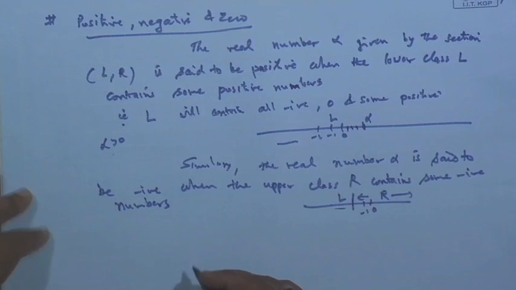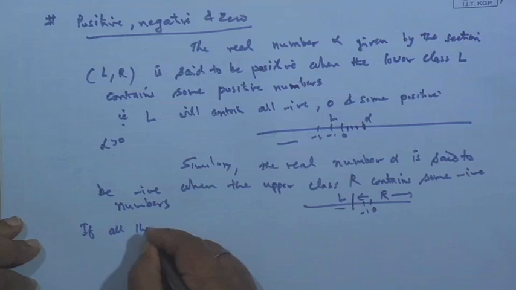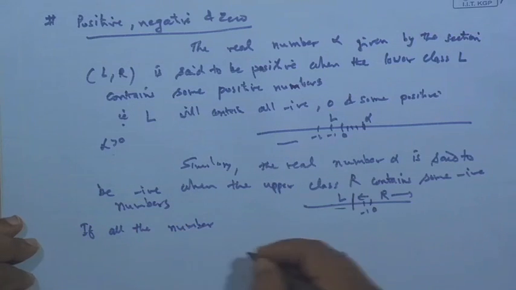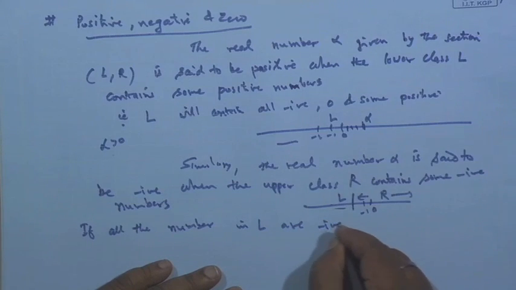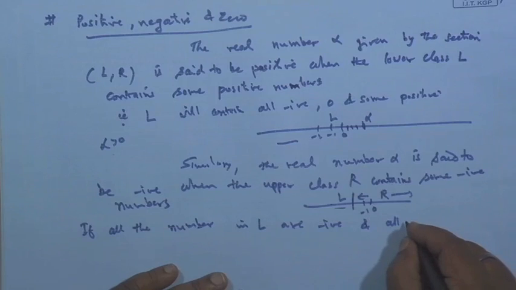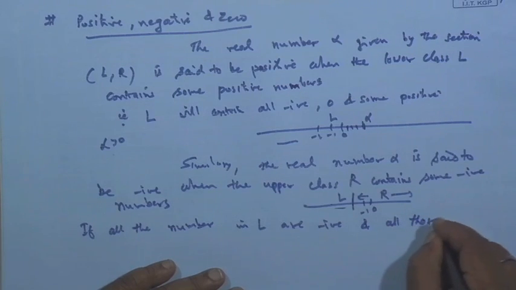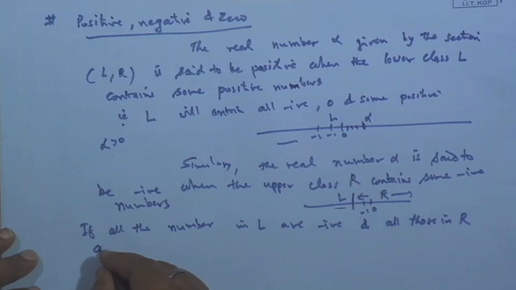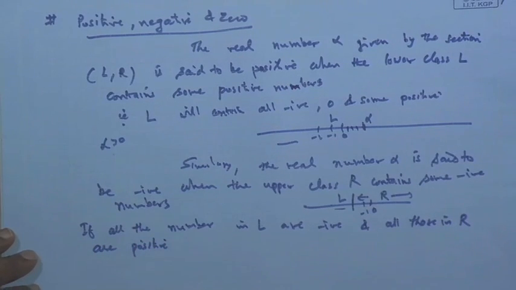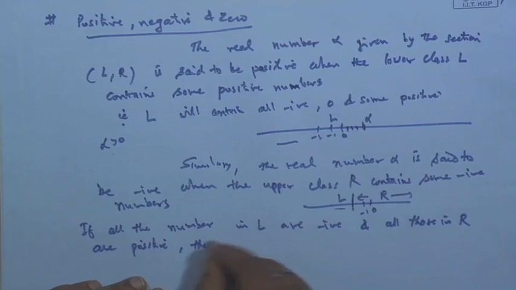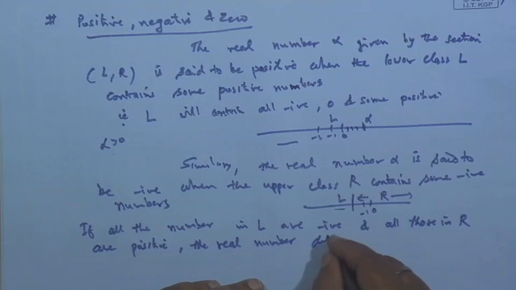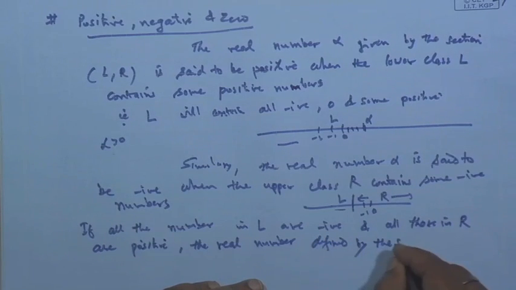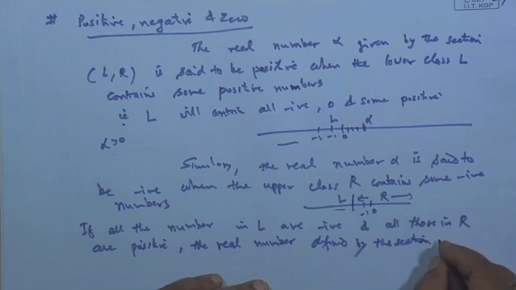And 0 means what? If all the numbers in L are negative and all those in R are positive, then the real number defined by the section is 0.